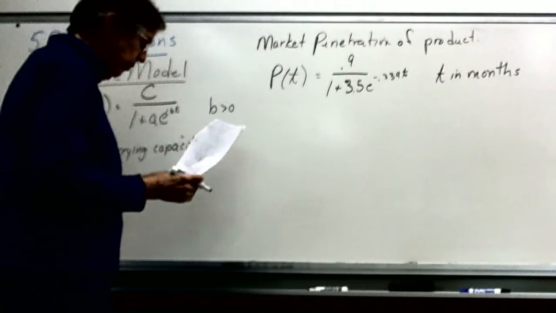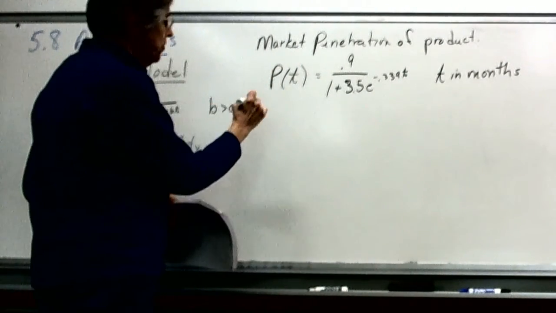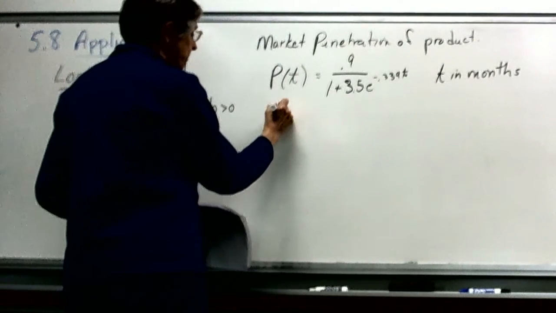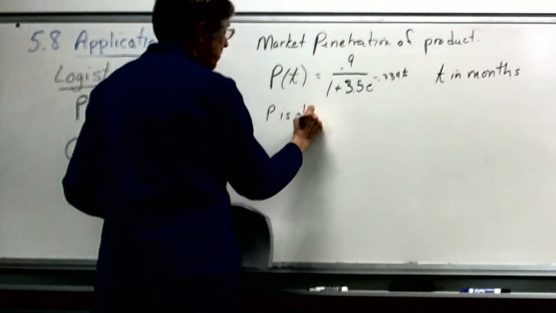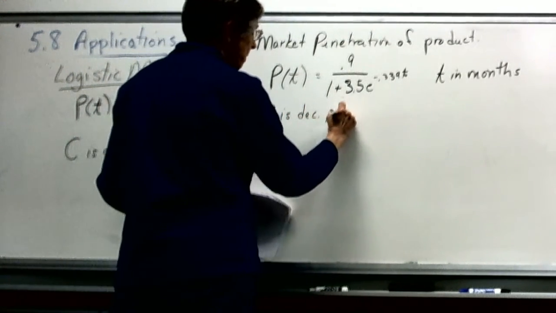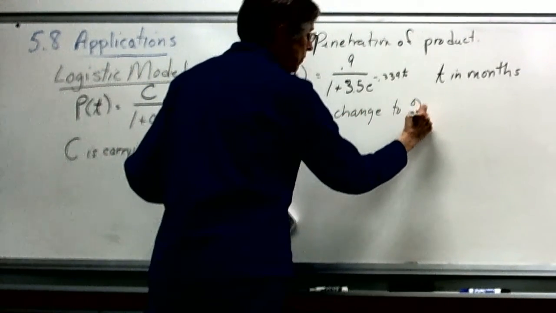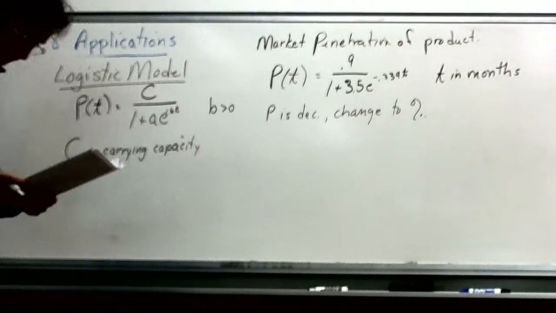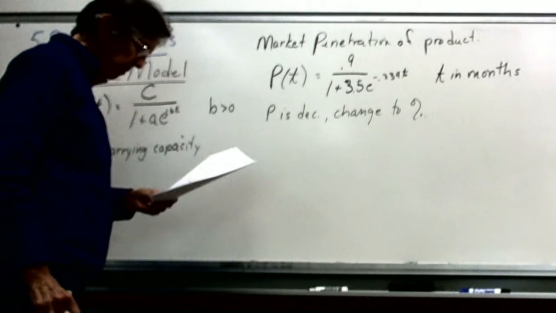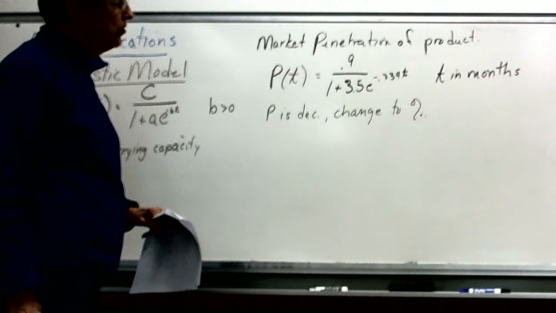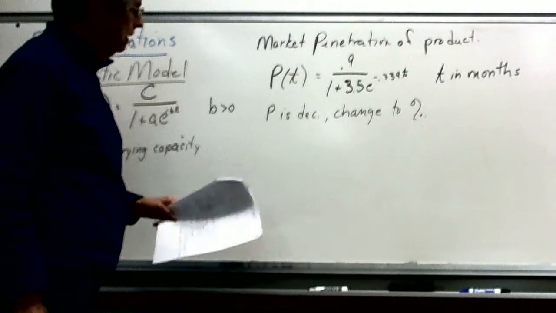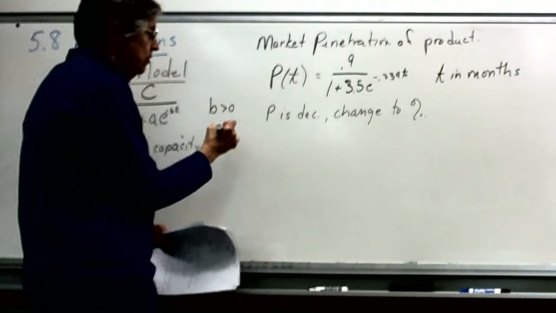And P is going to be a decimal, which we will change to a percentage when we give our answer. So we want to find the number of months to reach 75% of the market penetration.